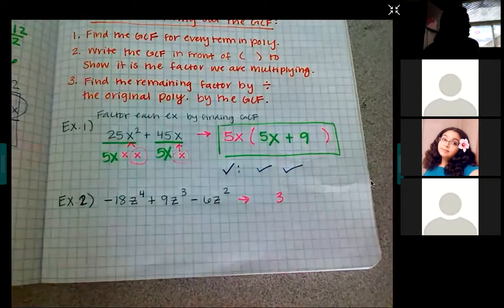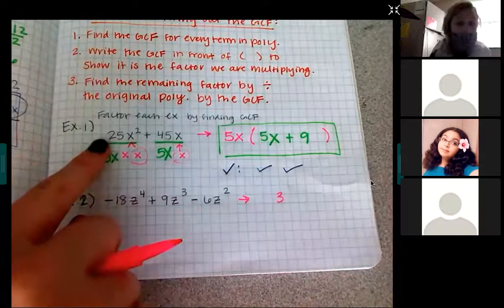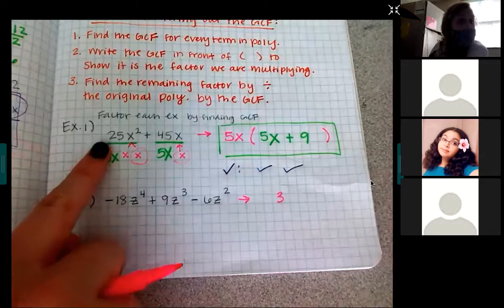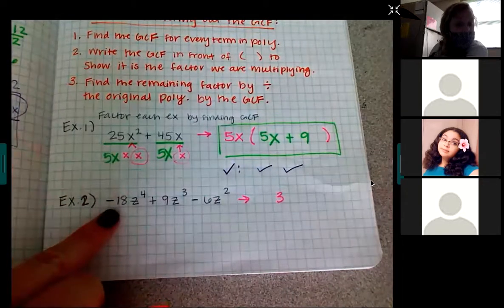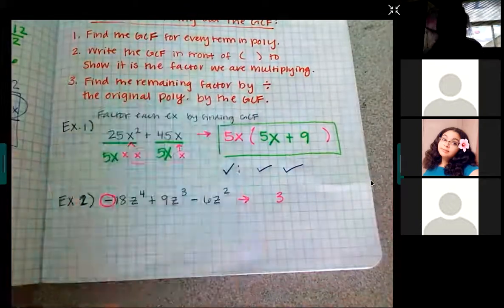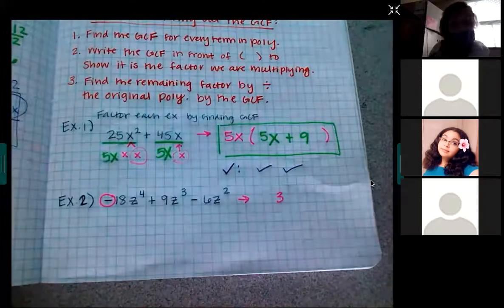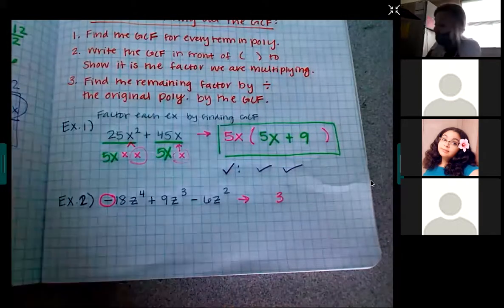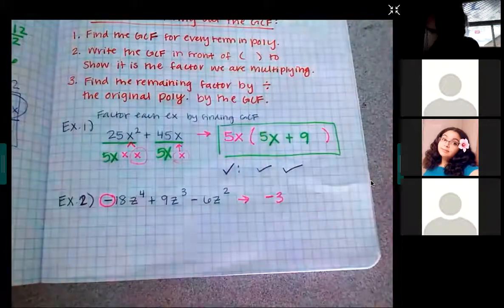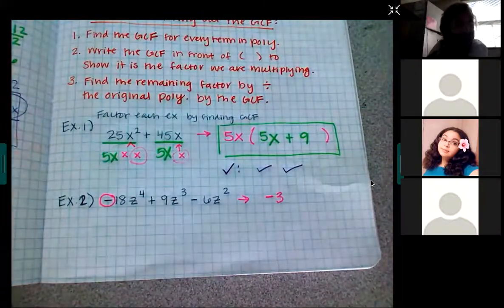Now, Cam asked me on the last problem, what would you do if that was a negative 25? So y'all look, didn't I put a negative 18? If your polynomial has a negative out front, your GCF should have a negative out front also. They have to match.